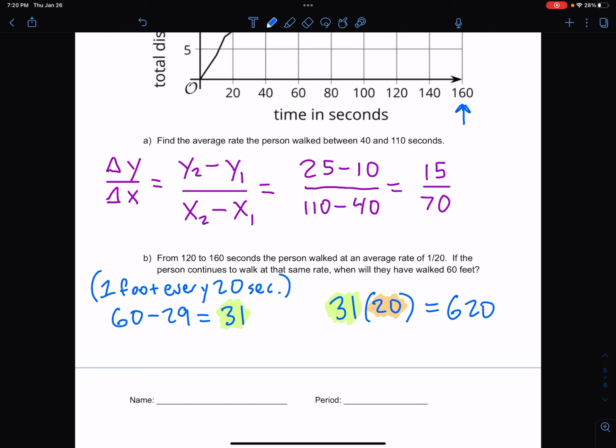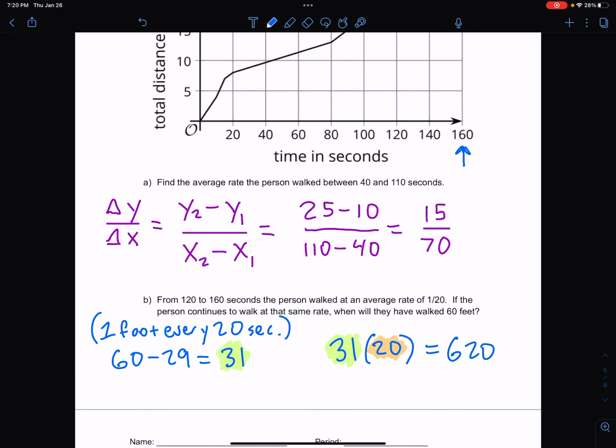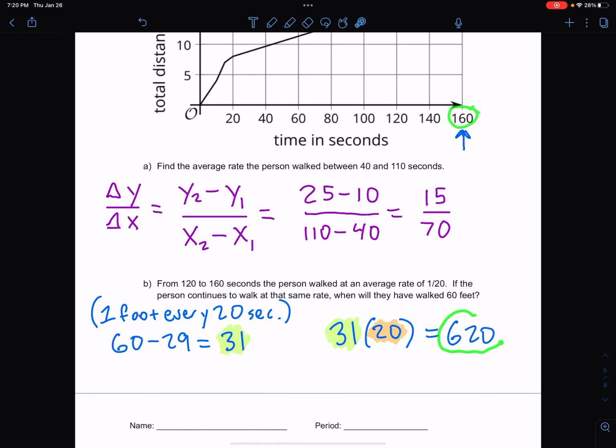It's not 620 seconds to go all 60 feet. We have to add back in the 160 seconds that it took to get to the 29-foot mark. This person already walked 160 seconds to get to 29 feet, so we have to add that to the 620 seconds it's going to take to get the rest of the way, that 31 more feet to get to 60 feet.